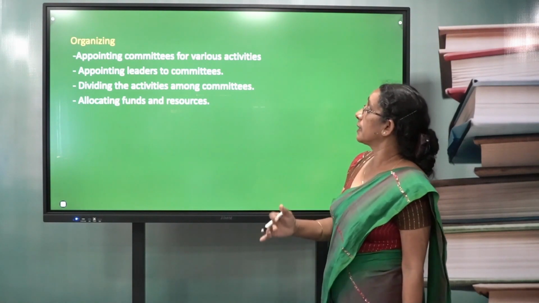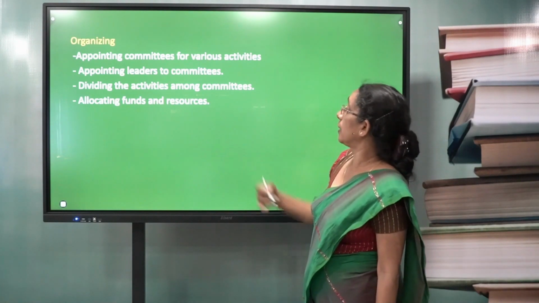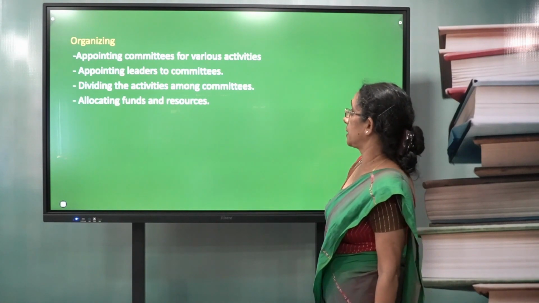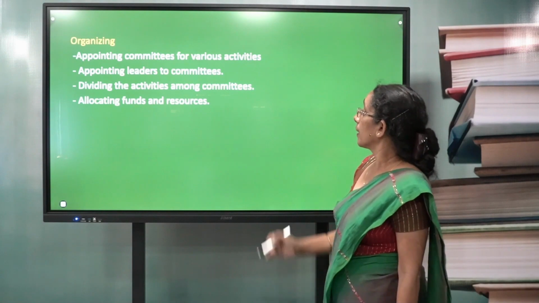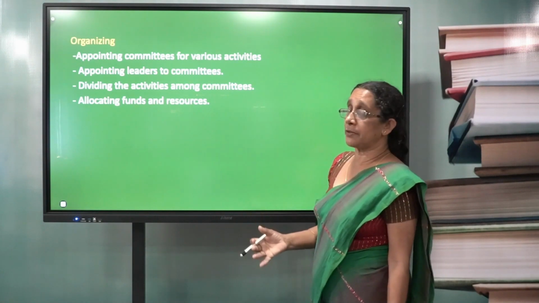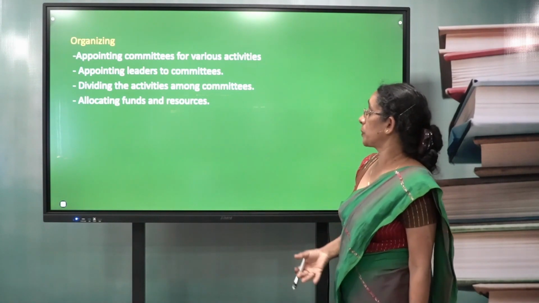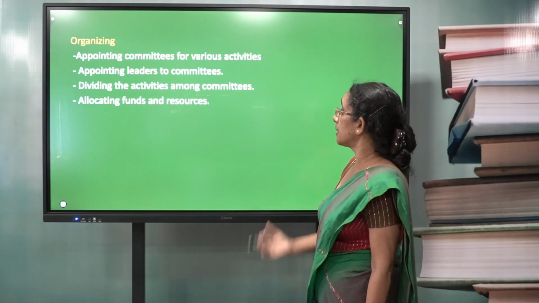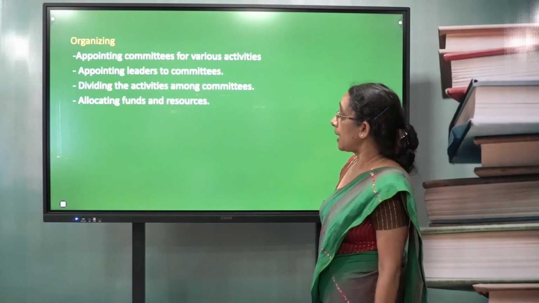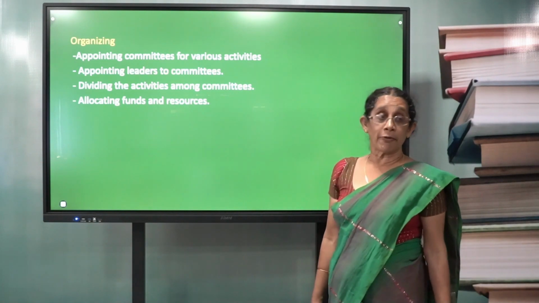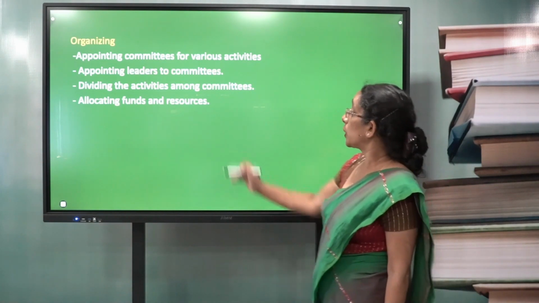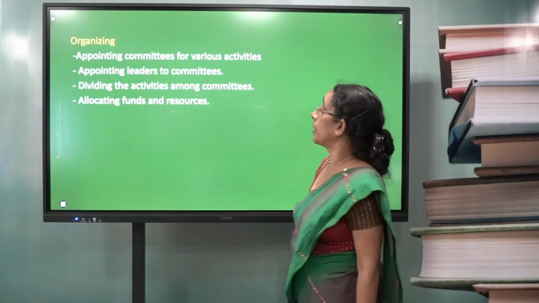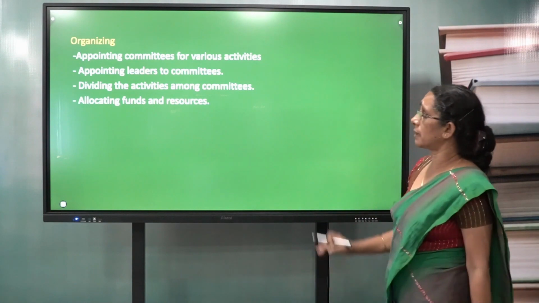Then there are various activities related to the sports meet, so we can divide the activities among various committees and they require funds. So you can allocate funds and resources. That comes under organizing.